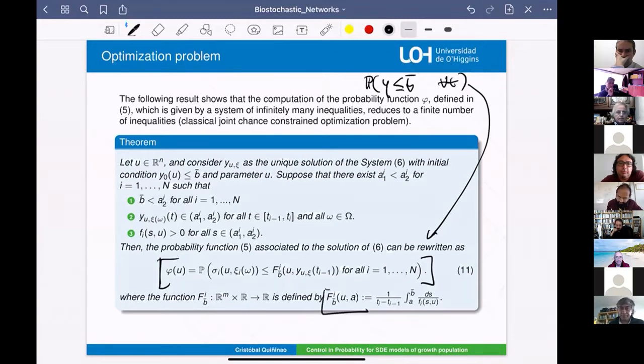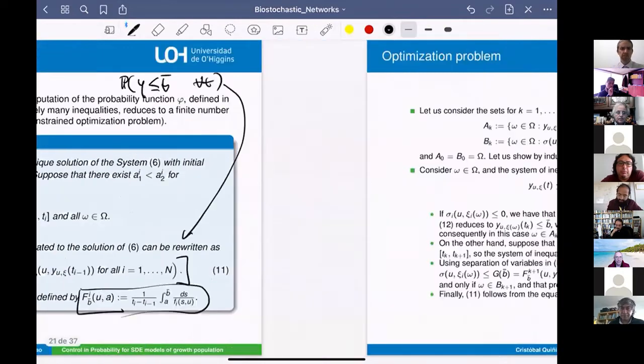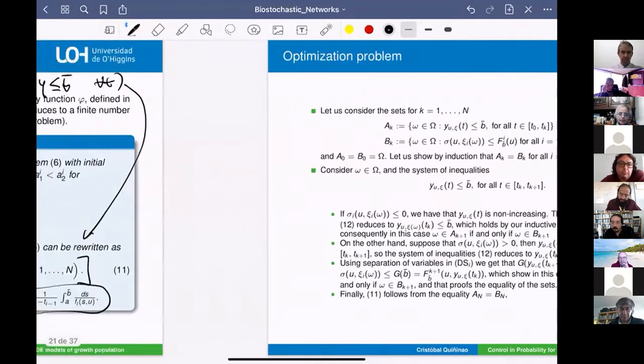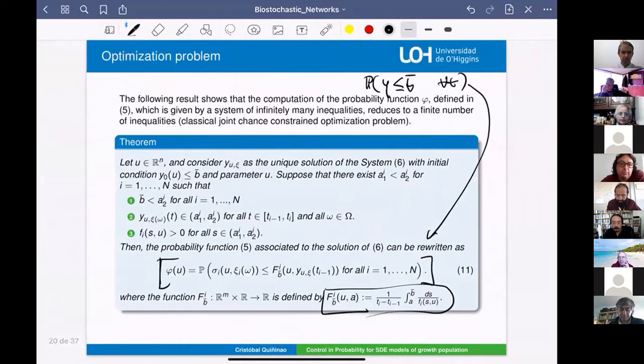But the main point of the proof is here, and it's based on a simple remark: if we are working with this equation, which is actually the main idea, you can write it down in a very classical way. Then you integrate, and you have the easiest ODE trick that you explain to your students. It allows you to pass from that general formulation to this much easier formulation, which tells you that all your inequalities only have to be looked at at the ending points of your discretization of the system.